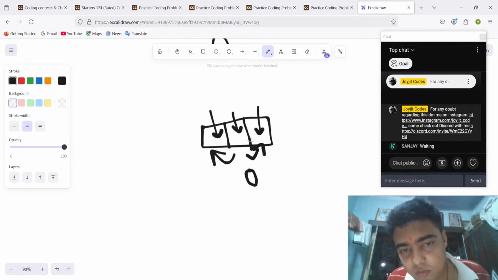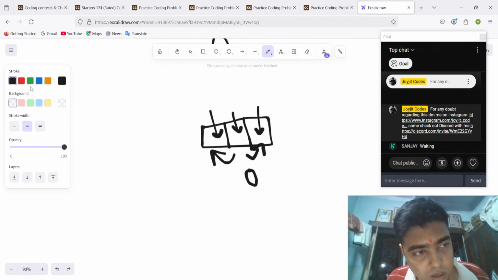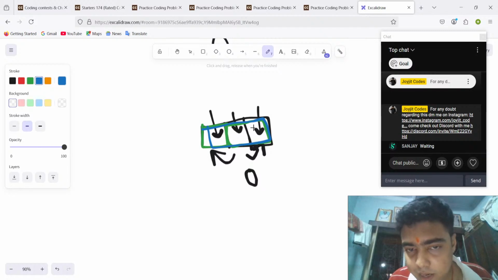Because why is it so? What we can do is we can reduce, I'll just use a different color. We can reduce these two elements into one and keep this separately, and after that we can reduce the whole thing into one. In the green, what happens from this?